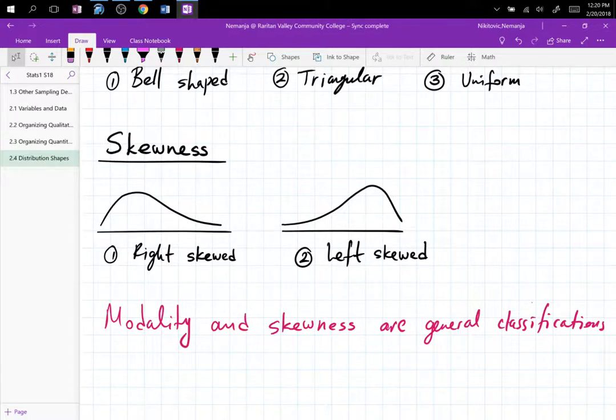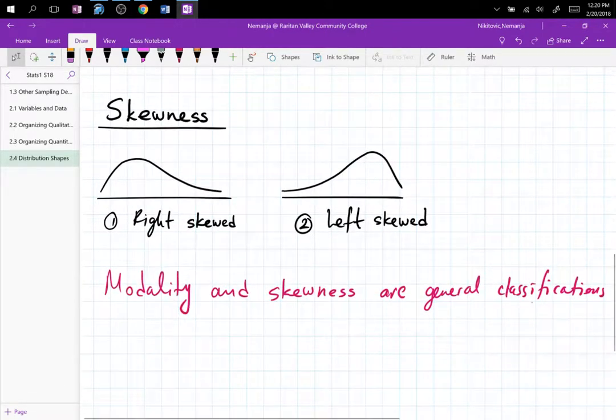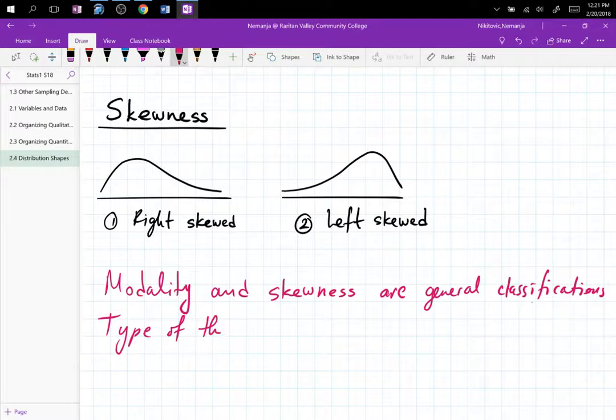And the type of the graph that you are considering, like bell-shaped or the triangular or uniform, are specific classifications of the distribution. So I'll say type of distribution is specific classification.